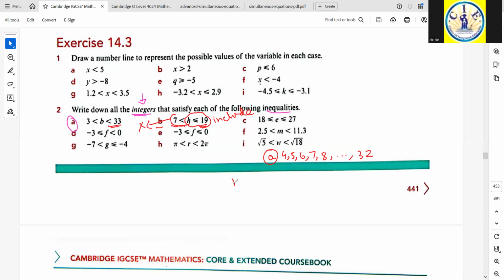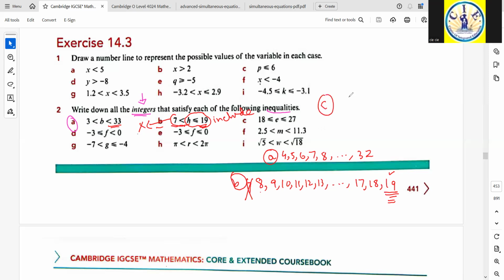So for part B, the answer would be starting from 8, 9, 10, 11, 12, 13, up till 17, 18, and then finally 19. 19 has to be there, but 7 has not to be. So 7 is not written. We have started from 8 and gone till 19, writing all the integer values.